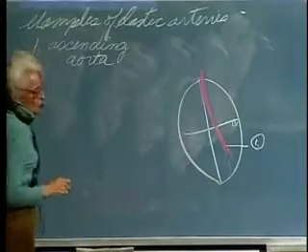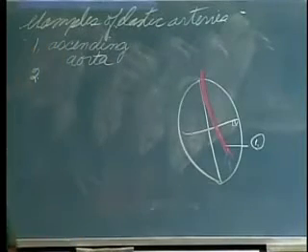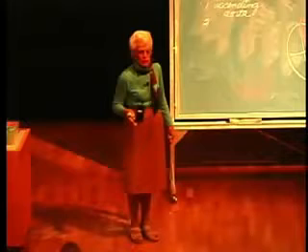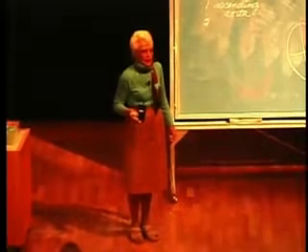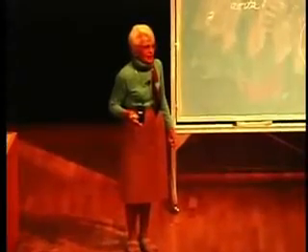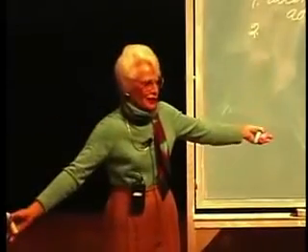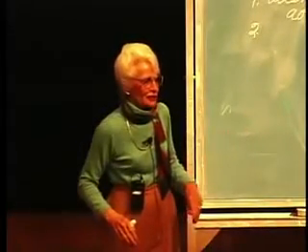Does anybody know what the first branch off of the ascending aorta will be? What's the most important thing? Coronary artery. I always tell it's a good philosophical point. Take care of yourself so you can take care of everybody else. The heart takes care of itself first.